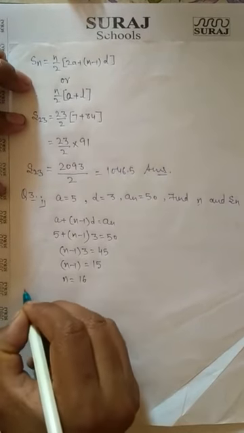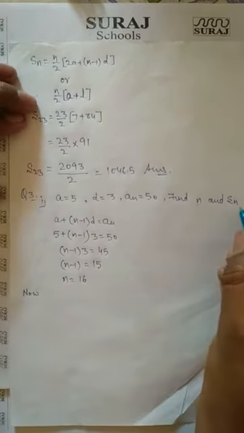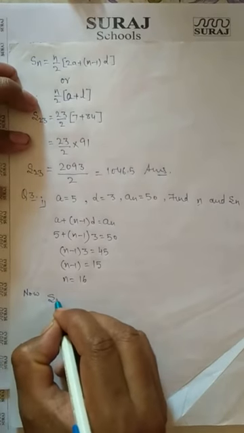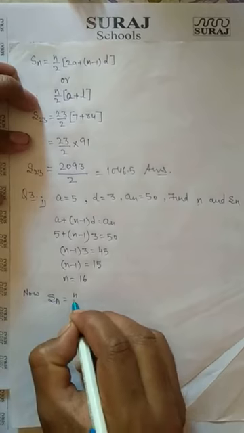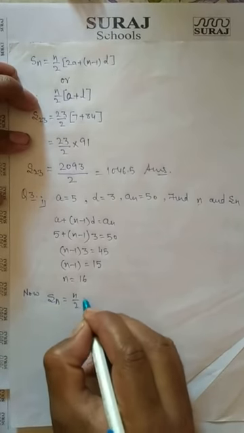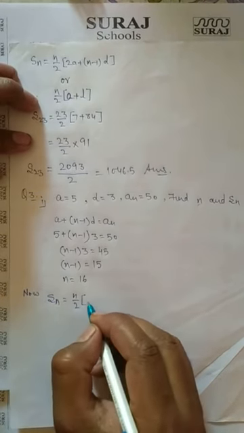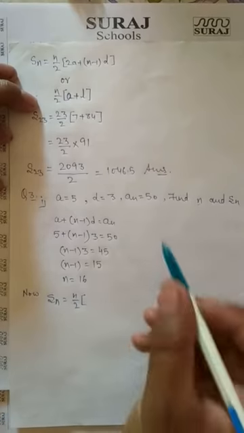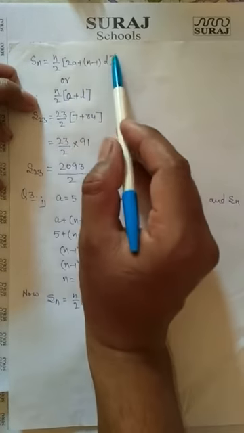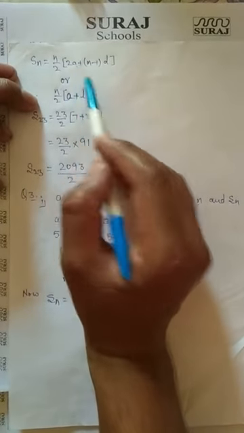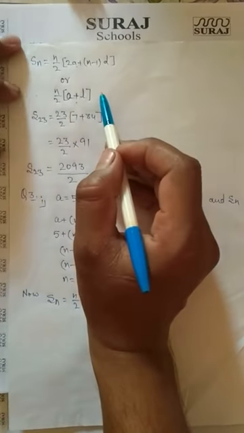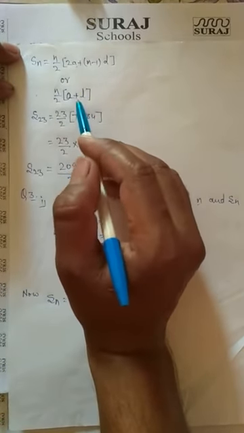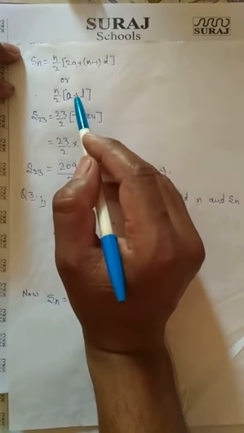Then now we find, beta, Sn, that is S16, n upon 2. Which formula do we apply here? So beta, out of these two, one is this, second is this, we decide which terms are given of which formula.